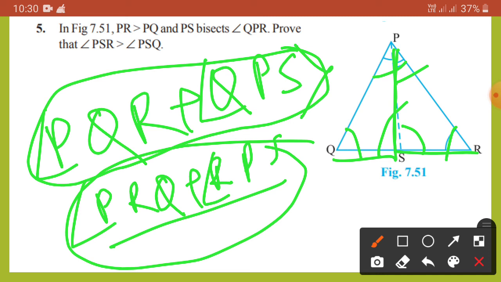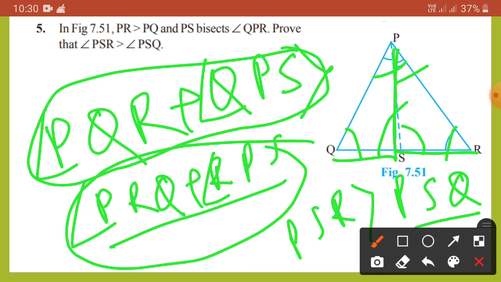So we can say that PSR is greater than PSQ.